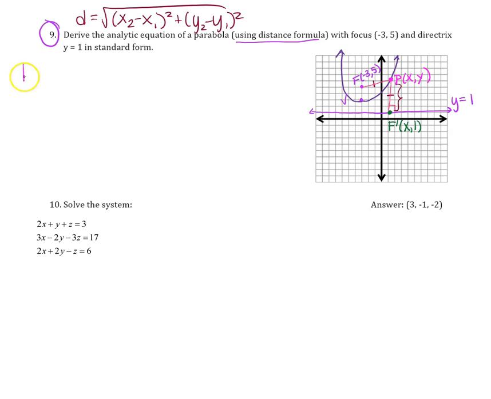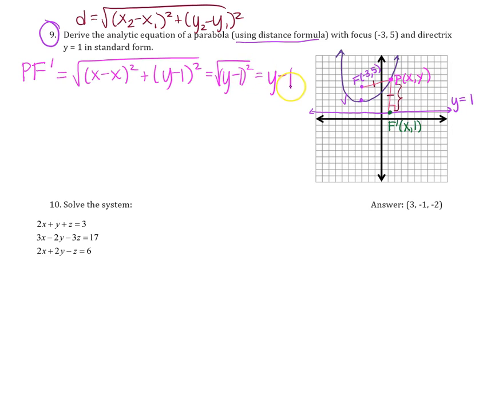So PF prime, the distance is going to be, notice your x's are going to cancel. So I have x minus x squared, that's going to go to 0, plus y minus 1 squared. When I simplify, this just gives me the radical of y minus 1 squared, which is just y minus 1.